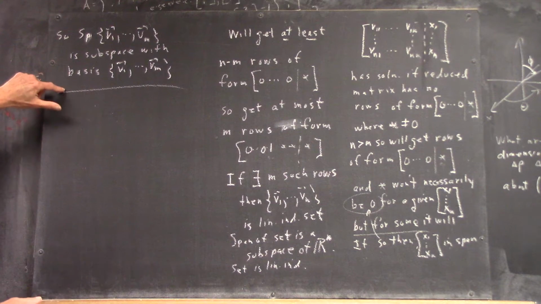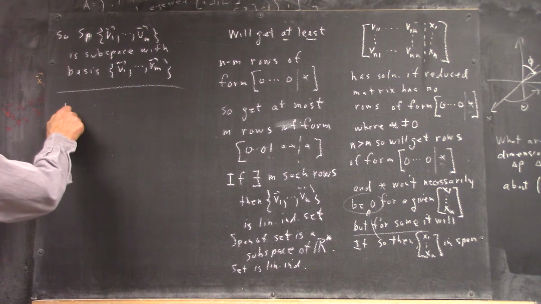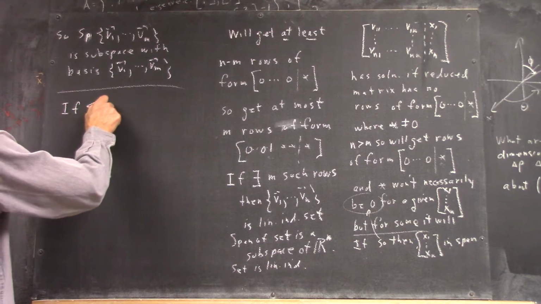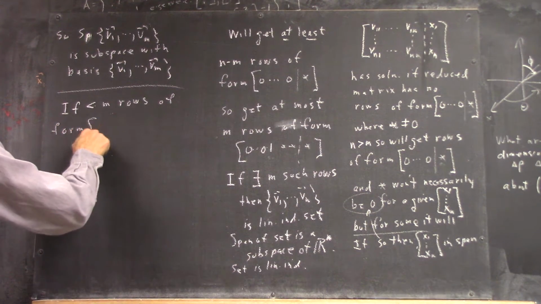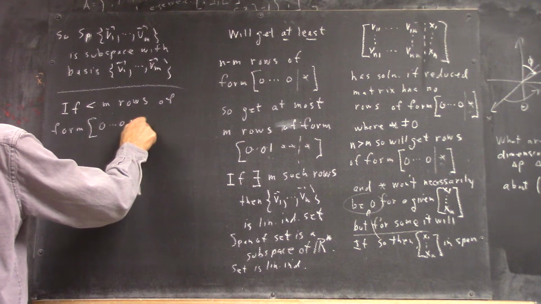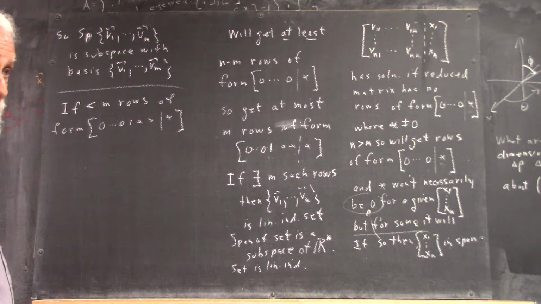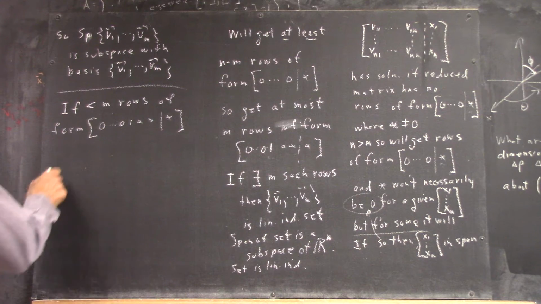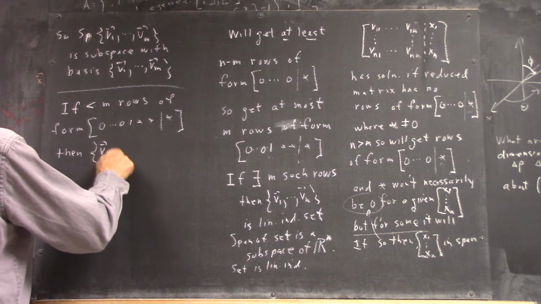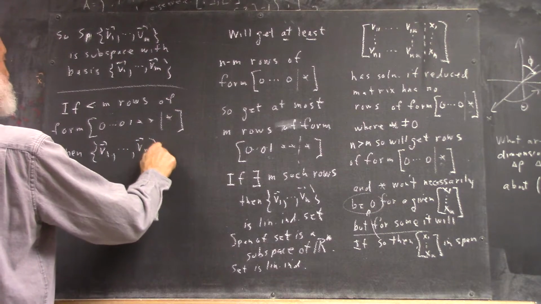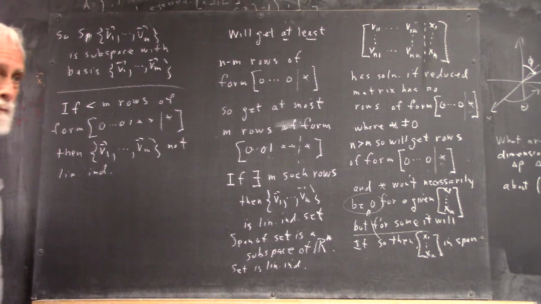Well, so that's what we have. Now, if there are fewer than m rows of this general form, then this can't be linearly independent.